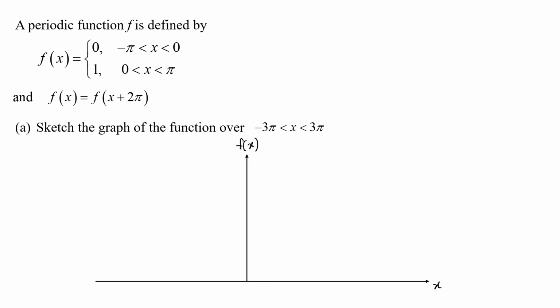Meaning that we have to sketch it for the fundamental interval, which based on the question is from negative pi to pi. So we know that for negative pi to 0, the function is equal to 0. So we can draw it like this.